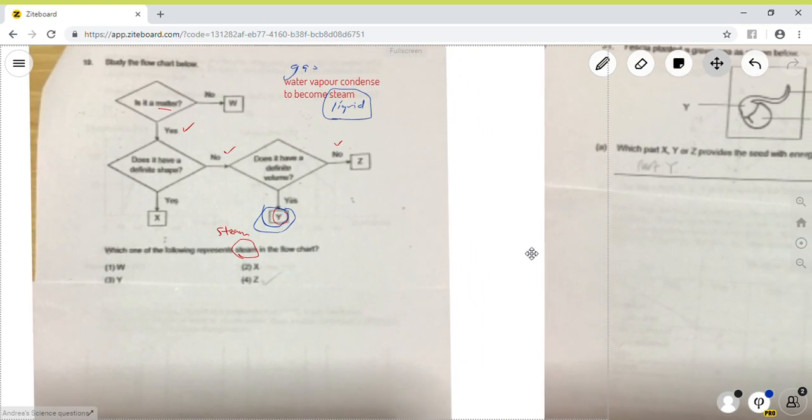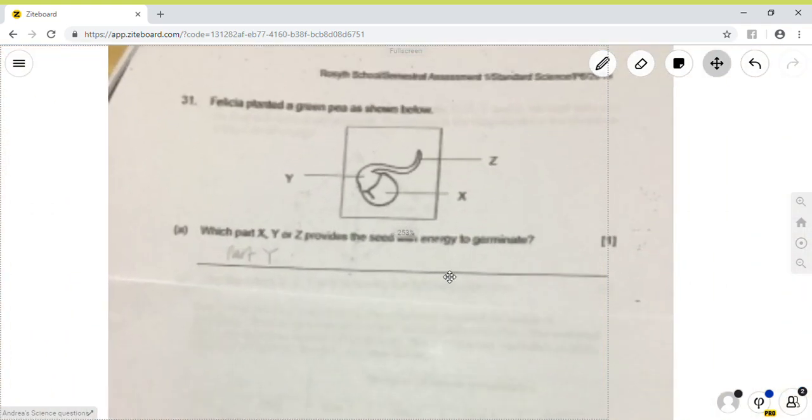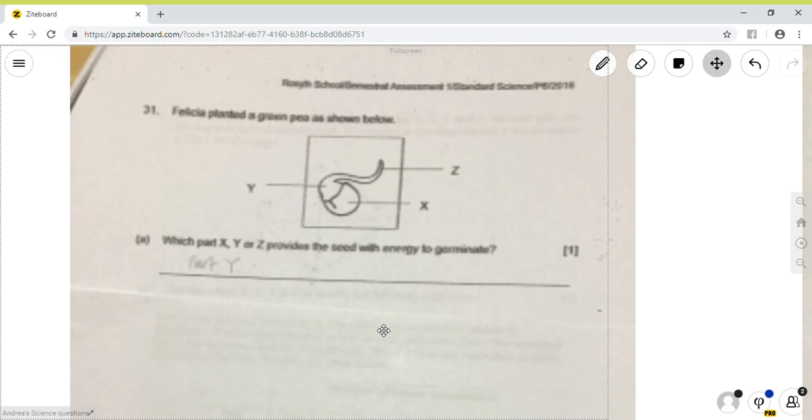Okay, next one. Which part, X, Y, or Z, provides the seed with energy to germinate? The answer is part Y. So what is part Y? Isn't that the seed coat? X is, this is a bit hard to tell.